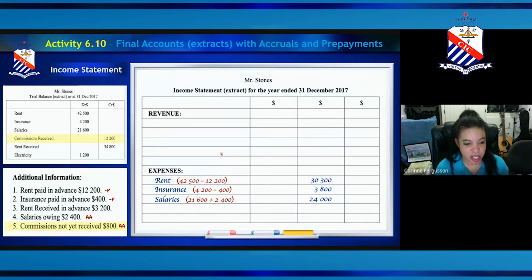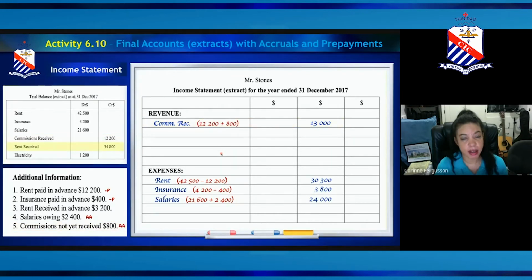So commissions received is revenue. So you're going to go under revenue, put commissions received. Make sure and put your working, which is the amount from the trial balance, which is the amount received. Add the accrual, which is 800. You saw that in your notes, and the answer that you get is 13,000.